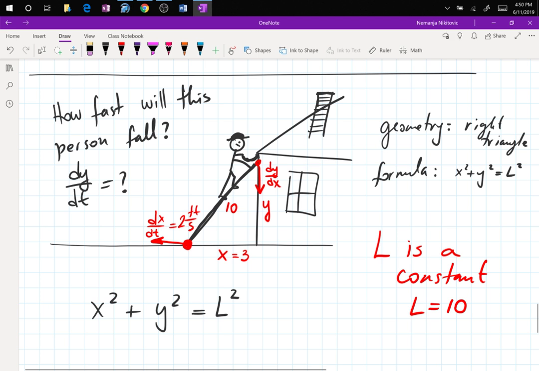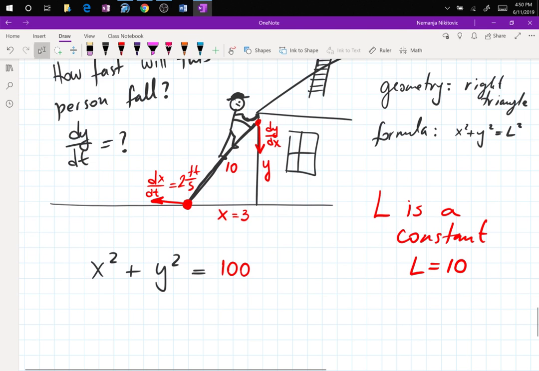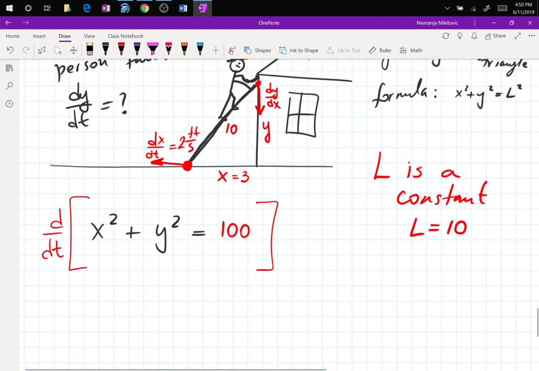And even when it's on the ground, it's just going to be 10 feet tall. So our formula now is not L squared, our formula is equal to 100, because it's constant. And when I take the derivative in respect to time, that number is going to go to 0.